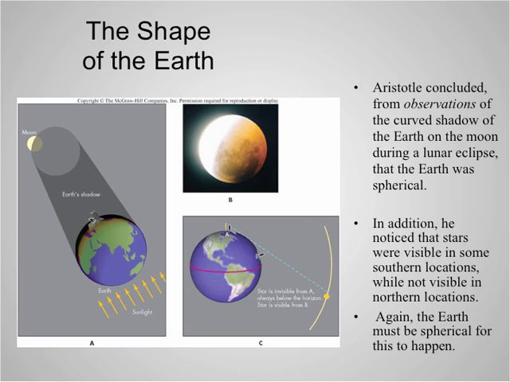Aristotle, in fact, was able to conclude that the Earth must be a sphere based on the fact that when a lunar eclipse took place, the shadow of the Earth on the Moon followed a curved path. He also noted that stars that are visible in the northern hemisphere are not always the same as stars visible in the southern hemisphere, and this could only be the case if the Earth was in fact a sphere.